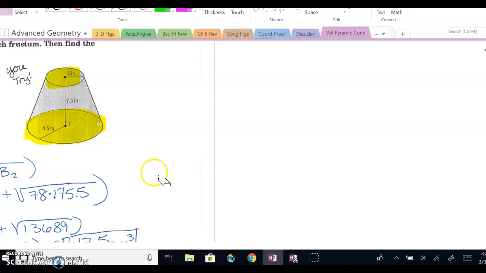Okay, so we're going to, let's see, 1/3 times 7.5 times 9 pi plus 20.25 pi plus all of that square rooted comes out to 42.411. Then all of this added together is going to come out to 134.30.